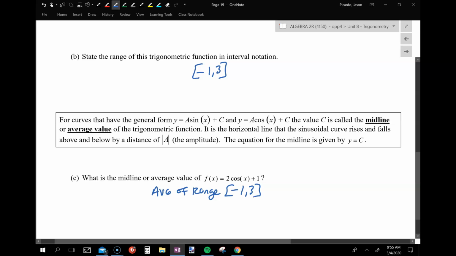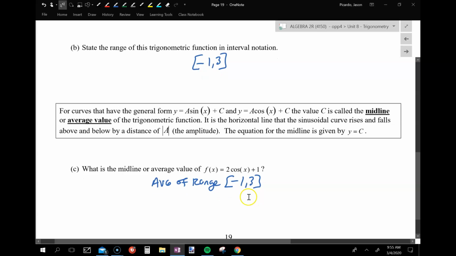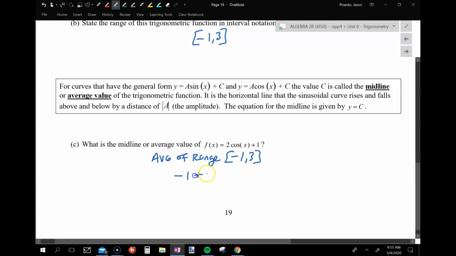How do you find the average of 2 items? Add them together, and then divide them by how many items you have, right? So this gives me 2 over 2, which is 1. So the midline is y equals 1.